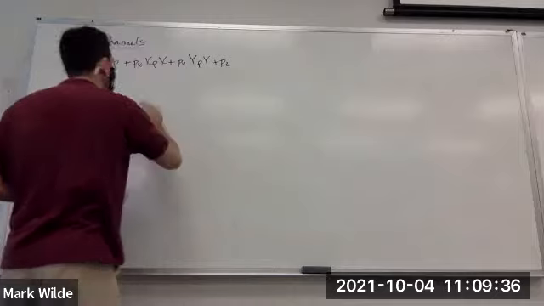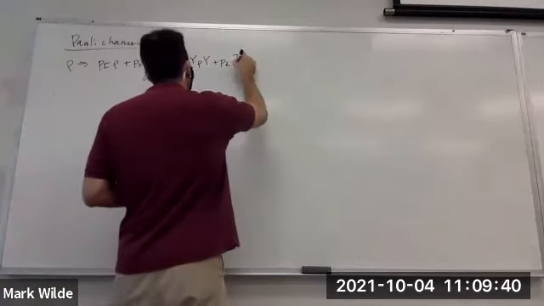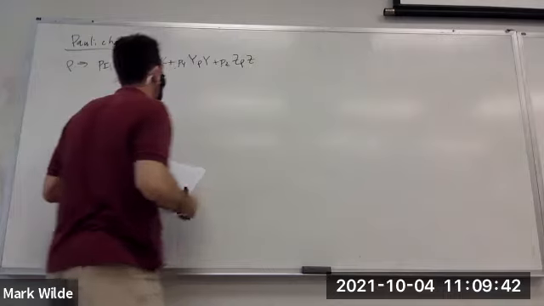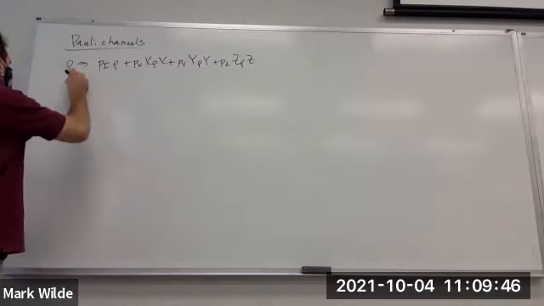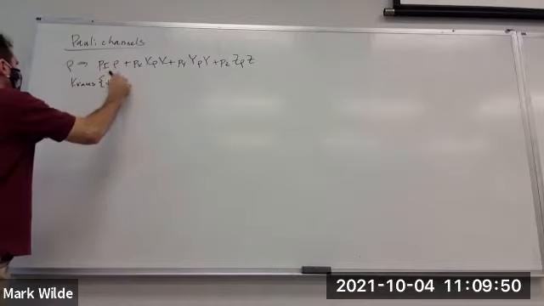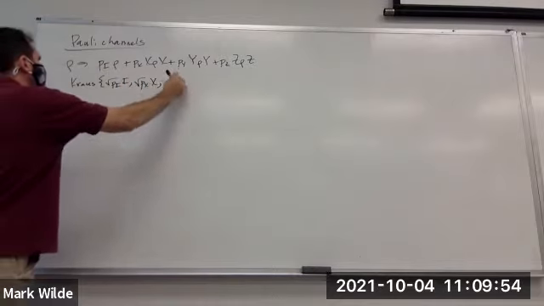The Paulis are Hermitian, so we don't have to put daggers on the right side. The Kraus operators in this case are going to be root p0 identity, root p1 X, etc.